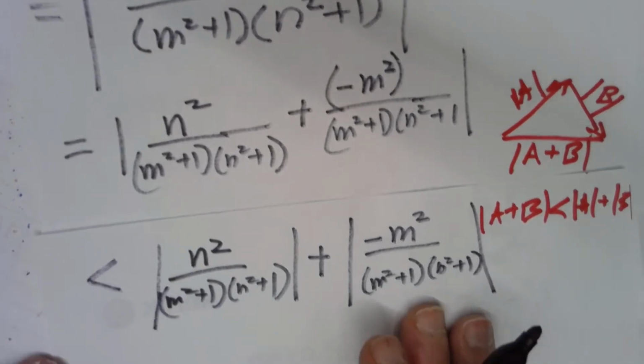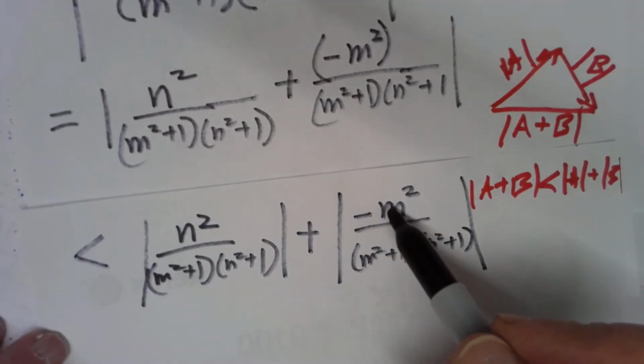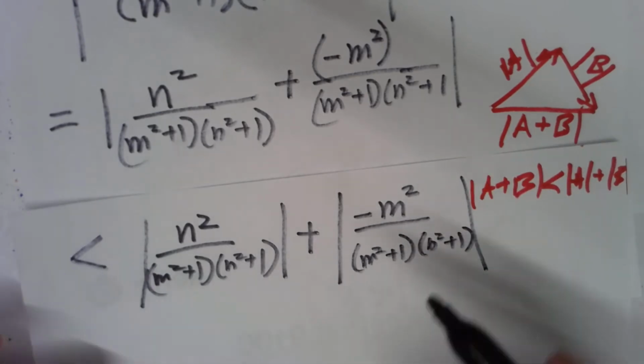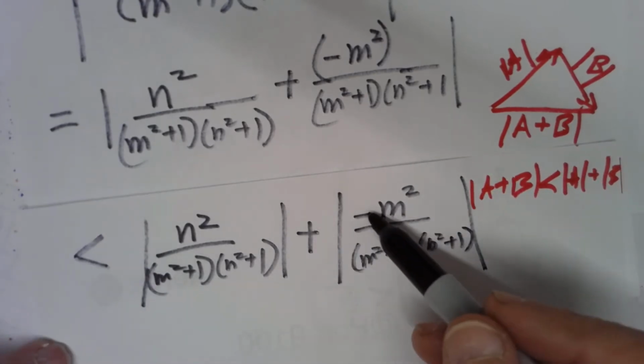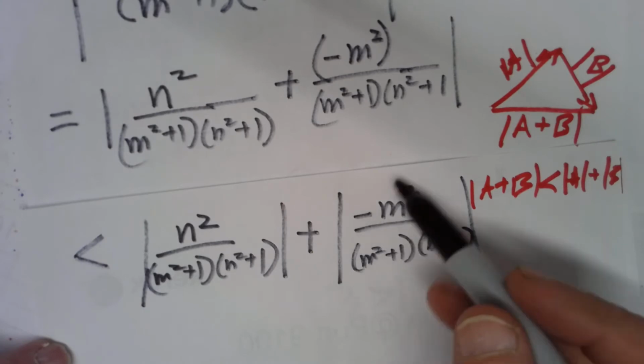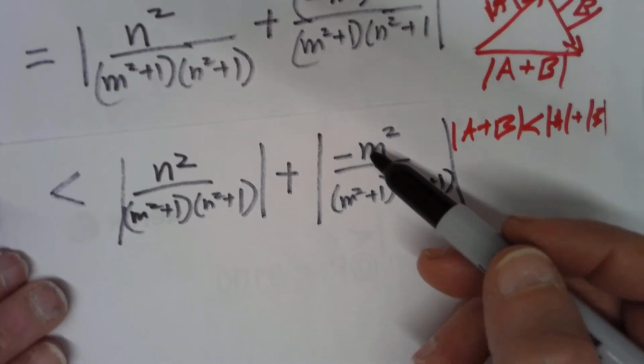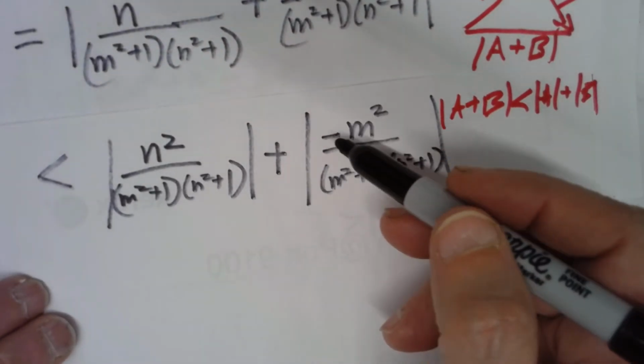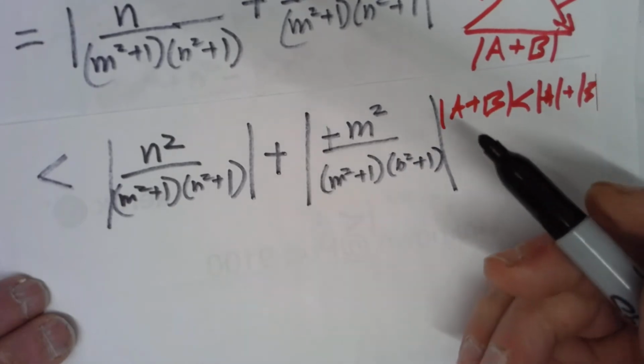Okay. The absolute value means it doesn't matter if it's negative or positive, it's going to make it positive anyway, so the negative goes away.